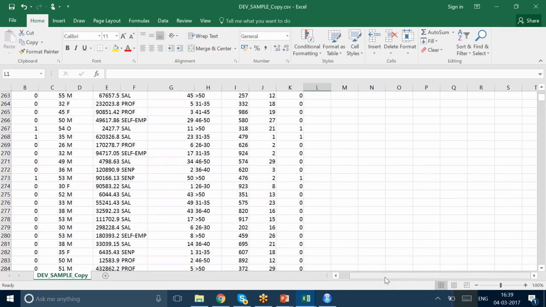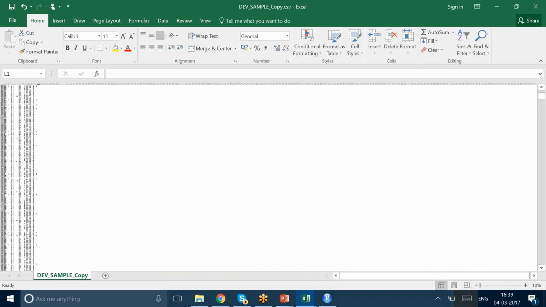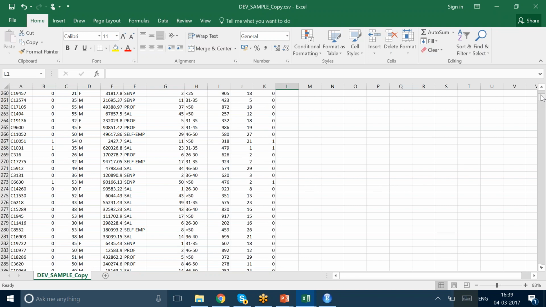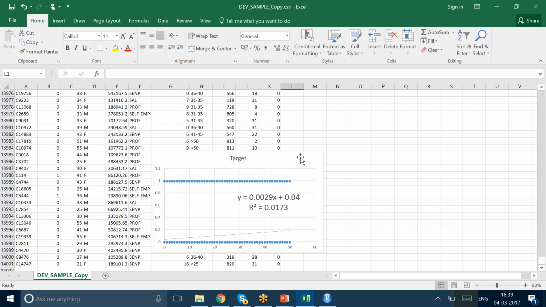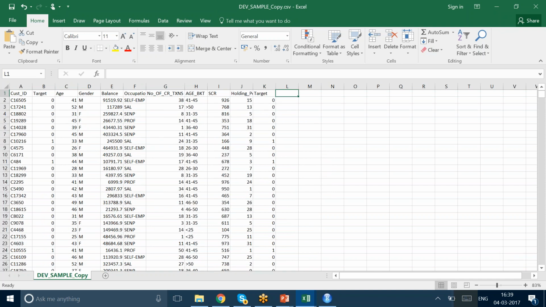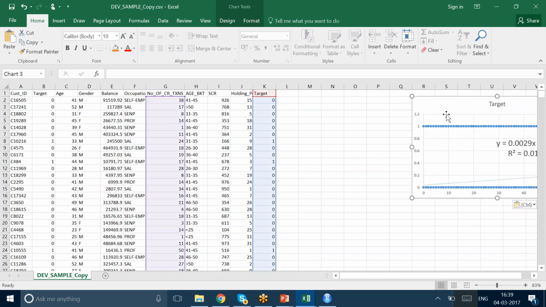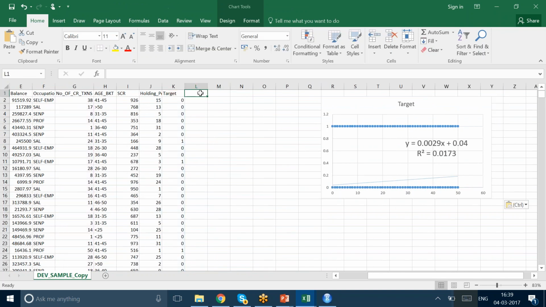Where's that chart gone? Sorry, this is the chart. So the equation is y equal to 0.0029x plus 0.04. This is the kind of linear equation I get.